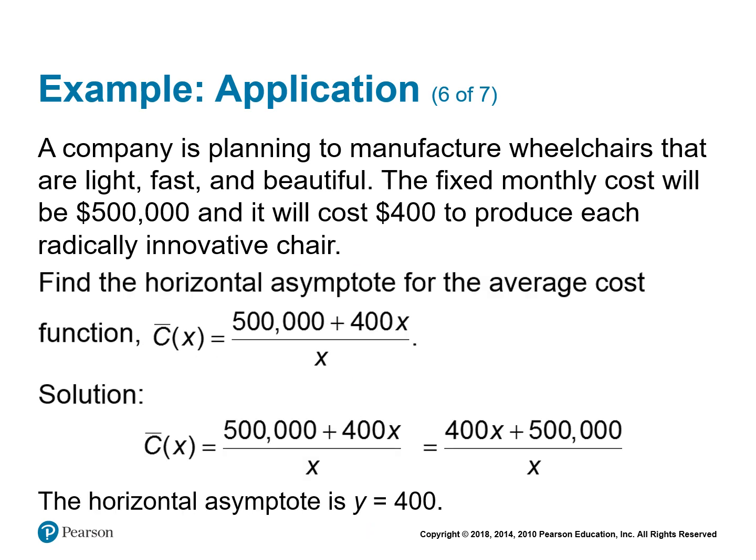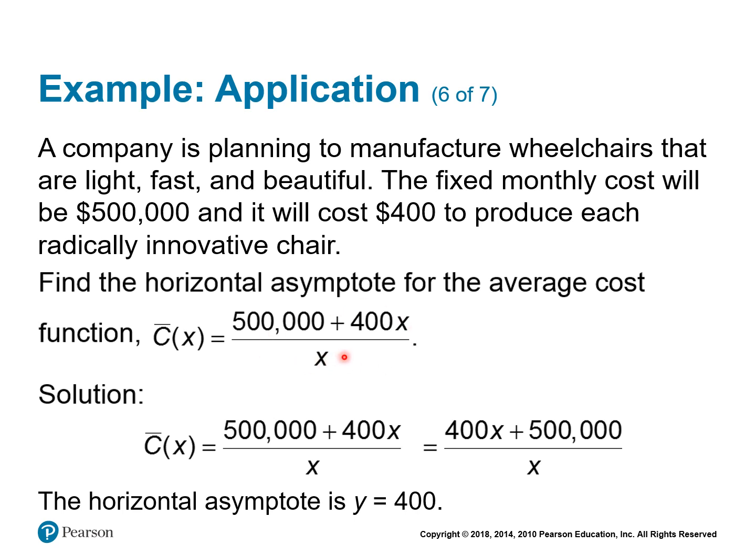Now part 6 of the question says find the horizontal asymptote for the average cost function. So we have to find the equation of the horizontal asymptote from this function given here. Now recall that there are rules for finding the horizontal asymptote using the exponents of the leading terms of a given function.